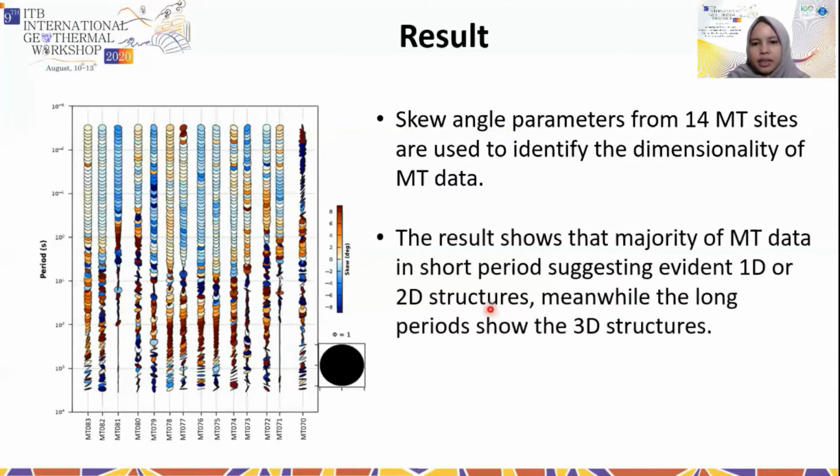And meanwhile, the long periods or the deeper part, the MT data show the 3D structures, and it characterized by the large of the skew value, as we can see in the dark color.